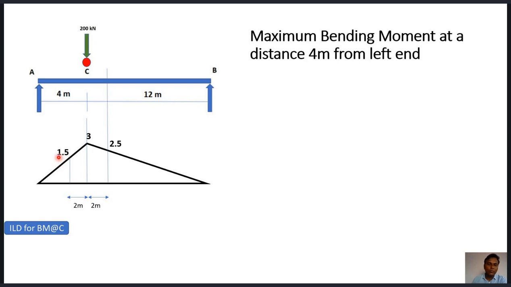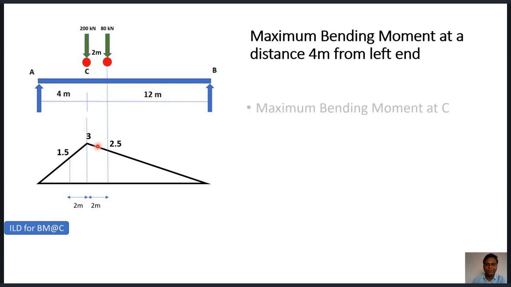Now it is very easy to understand how to place the second load, that is the 80 kilonewton load. Where you will have a maximum ordinate, you have to place the second load. So no doubt you have to place this 80 kilonewton load over this 2.5 ordinate, on the right hand side of this 200 kilonewton.